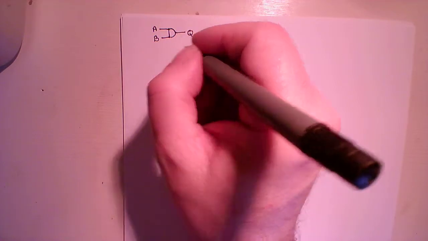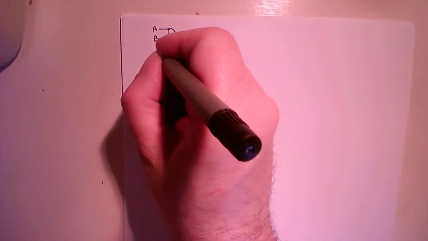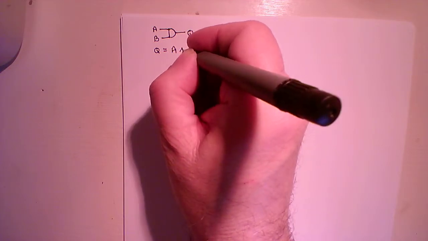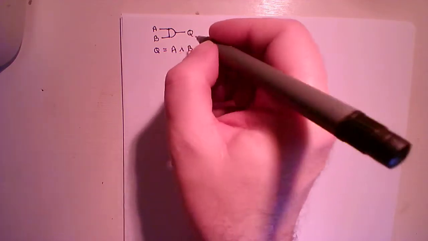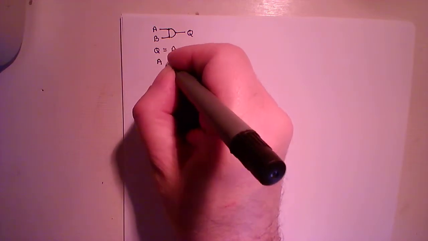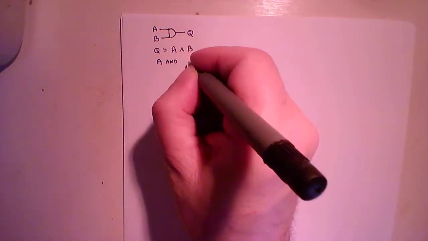Okay, I will do the programming language. I want to do the Boolean algebra though, so that is Q equals A AND B. Let's do the programming language, but I'm not going to put the ifs in. I'm just going to write A and B. So there's my first AND and we've done the truth table for that, but I will repeat it.